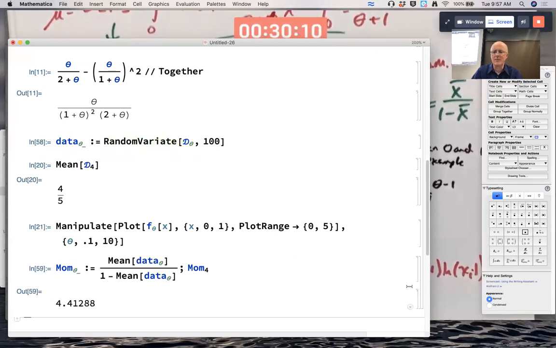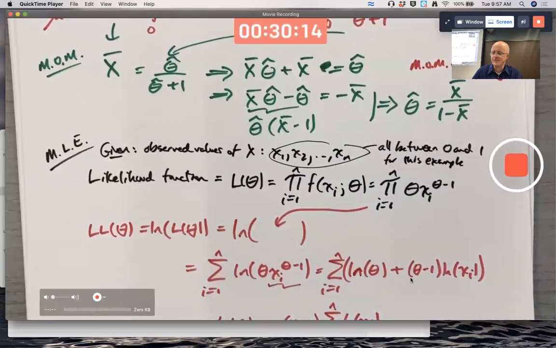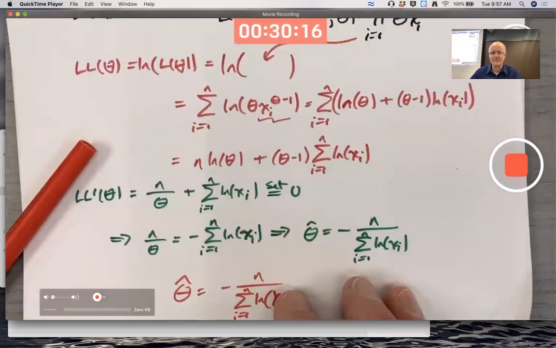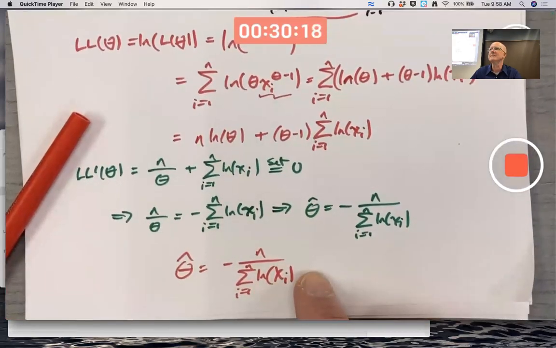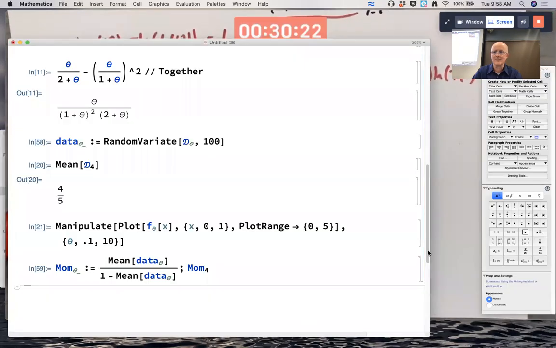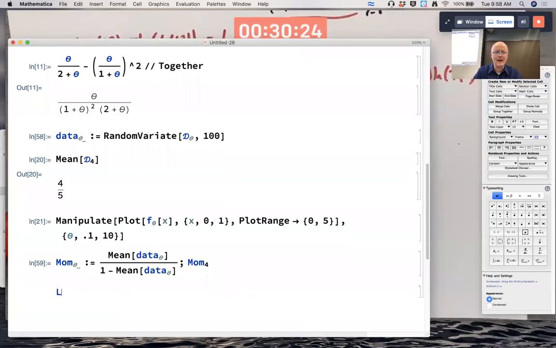So there's the method of moments estimator values. How about the method of maximum likelihood? Need to compute those things. M.L.E. Maybe I should have used all capital letters.